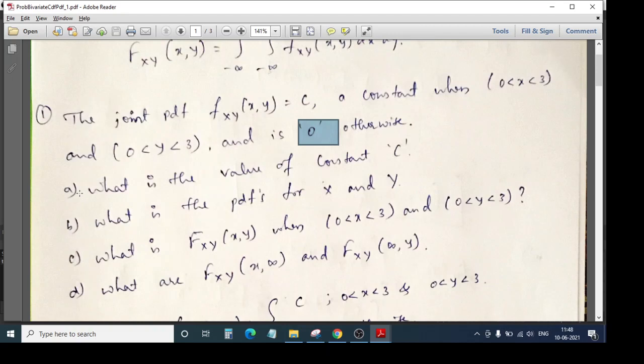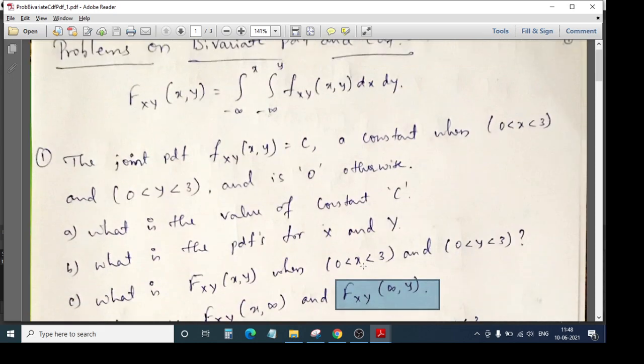So the questions asked are: what is the value of constant c, what are the PDFs for x and y, what is F_XY(x, y), that is capital F_XY, when x is between 0 to 3 and y is between 0 to 3, and what are F_XY(x, infinity) and F_XY(infinity, y).